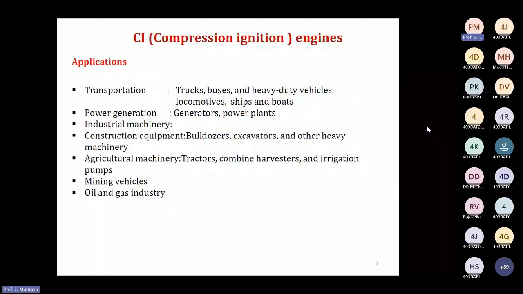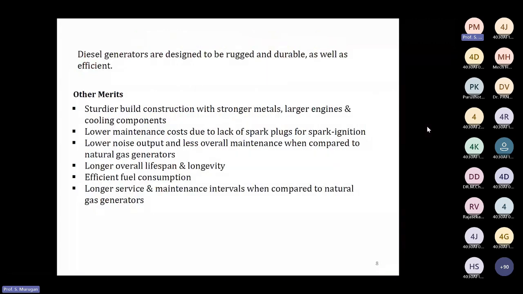Again, if you see the CI engines, as I told earlier, they may be used in stationary applications, and they may be used in automotive applications. As I told earlier, in automotive applications, it's a bit difficult to capture CO2 because it's a mobile unit. Automotive vehicles are mobile units, so you cannot adopt any carbon capture unit in that.